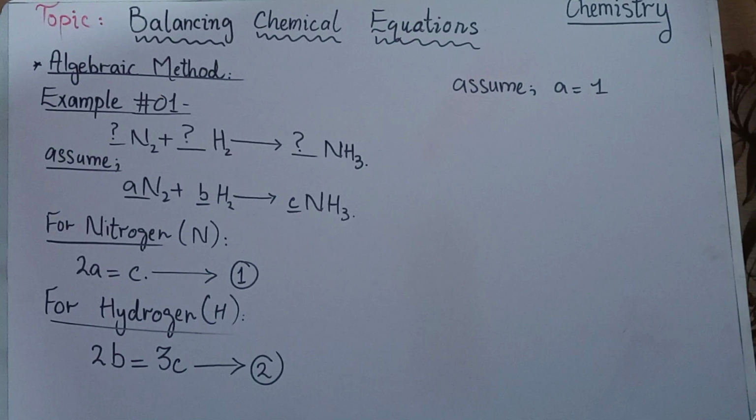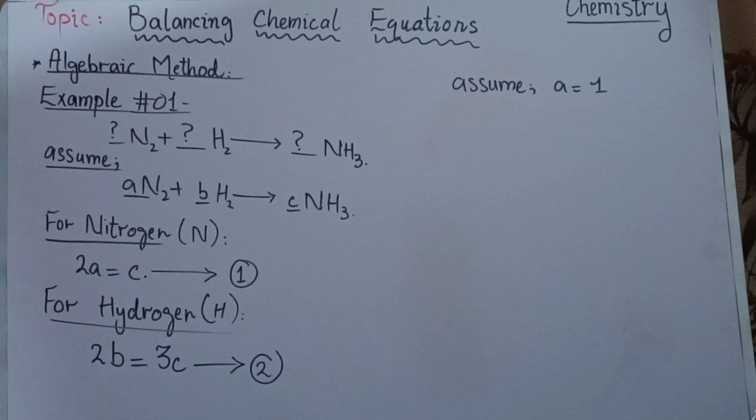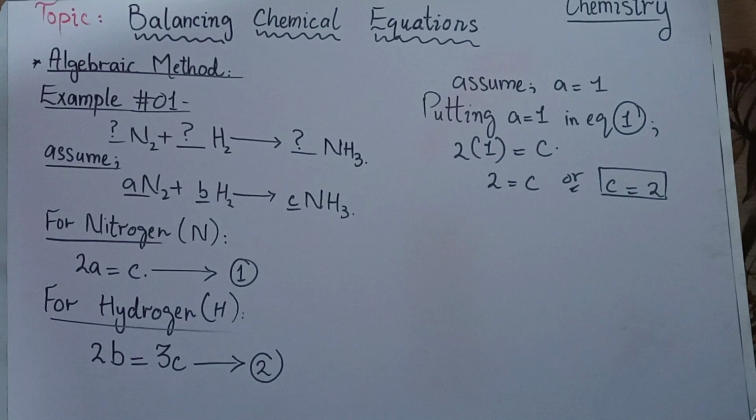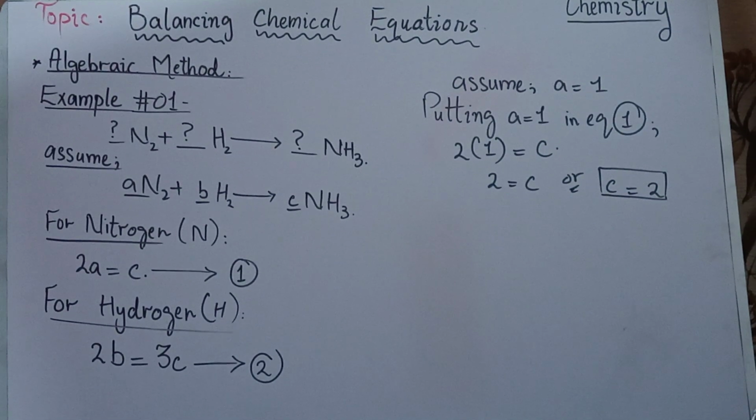If A is 1, then how much hydrogen is required to combine with nitrogen gas to form ammonia gas? When we put A equals 1 in equation 1, 2A equals C, we can identify the value of C. 2 multiplied by 1 is 2, so the value of C is 2.